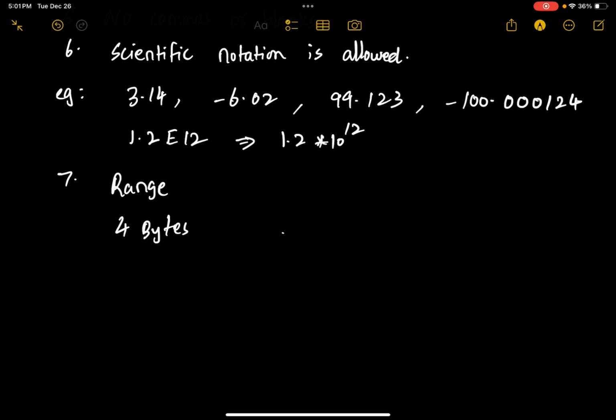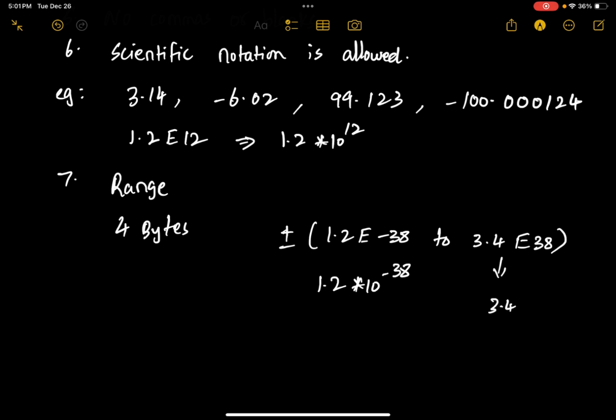It goes all the way from plus or minus 1.2 E minus 38 to 3.4 E38. So 1.2 E minus 38 is nothing but 1.2 times 10 raised to minus 38, and this is 3.4 times 10 raised to 38. So it's a very huge number.